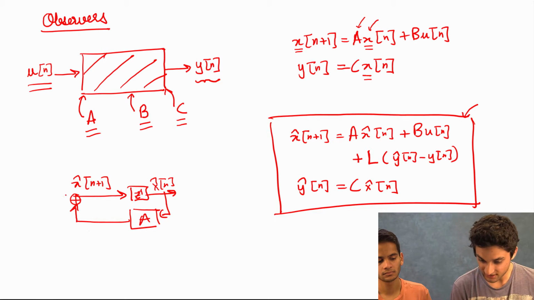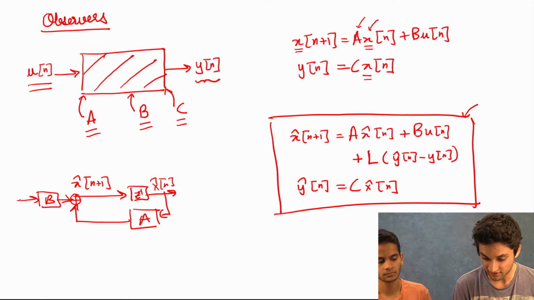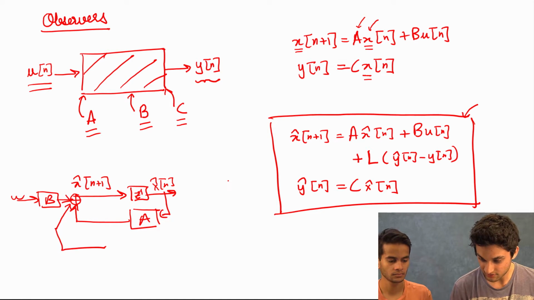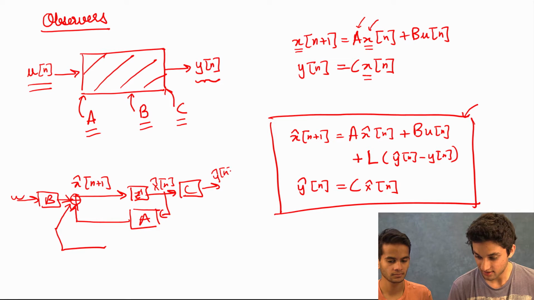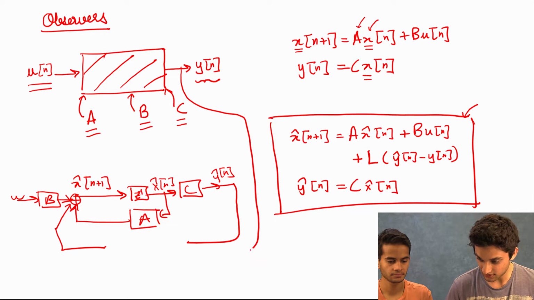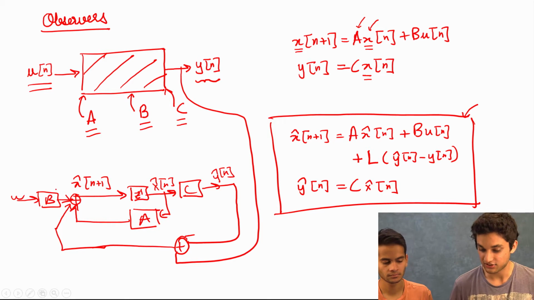And then you have B, you have a u, and then you also have something that comes out here. You pass this through C, you get y hat of n, and then you take this whole thing and this whole thing, you subtract them, and you pass it back into the original system.